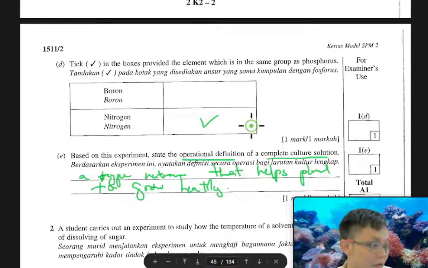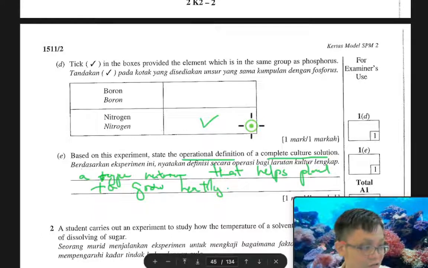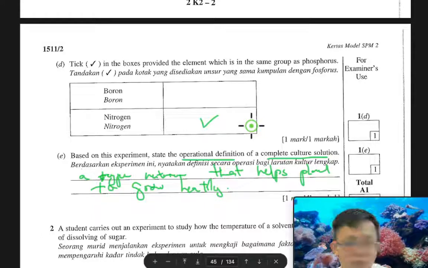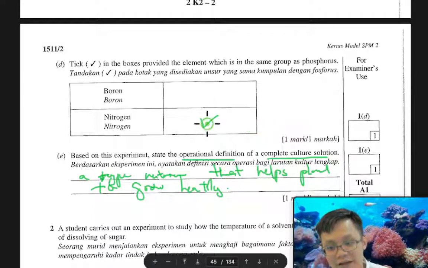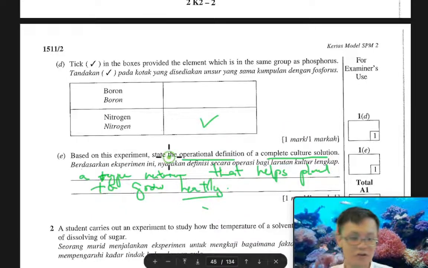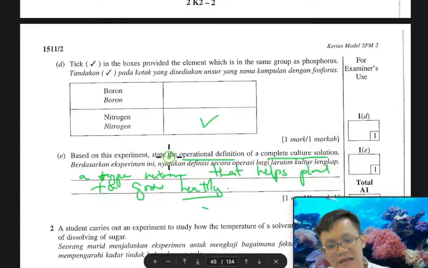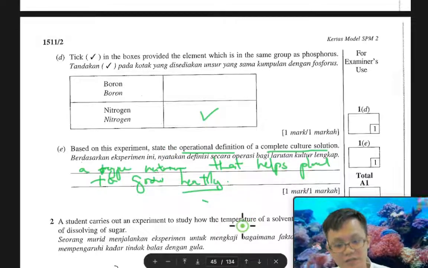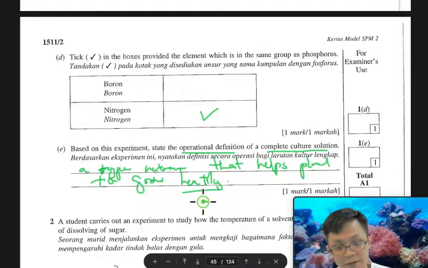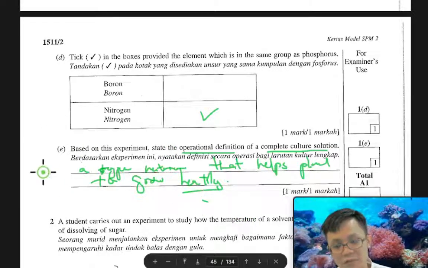Okay, so it's a culture solution that produces a healthy plant. As long as you say healthy, good, or normal growth, a lot of answers show that you are correct. Of course the book also has another answer.